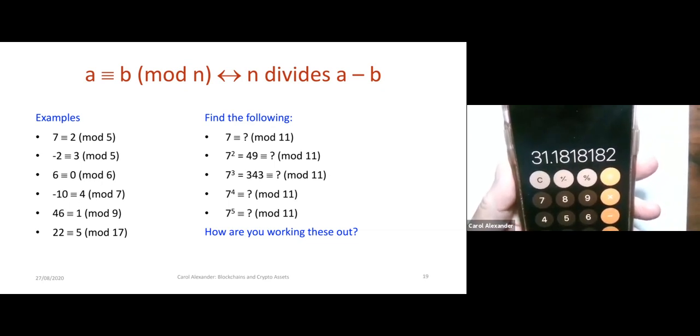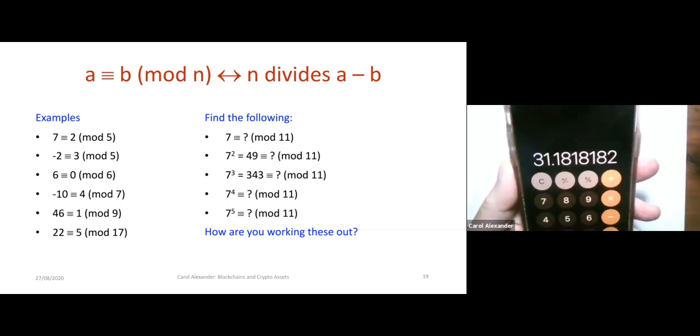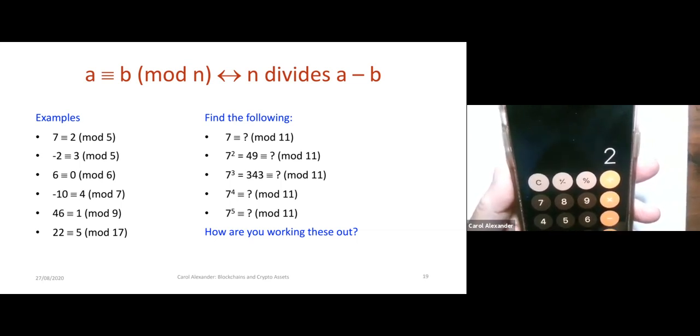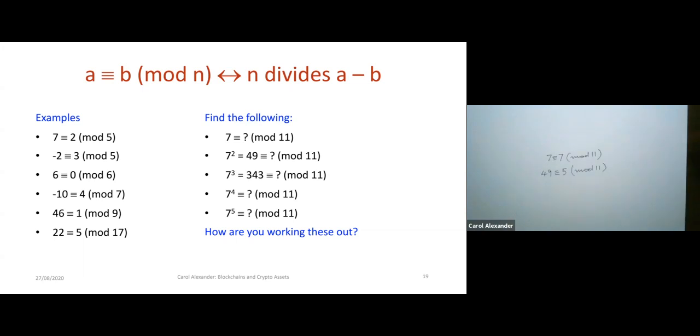Well, after I've gone 31 times round, I go back to 0. So I'm only interested in what comes after the decimal point. So let me take off the 31. If I multiply that by 11, I should get a whole number. Yeah, 2. Okay, so I think it's 2.